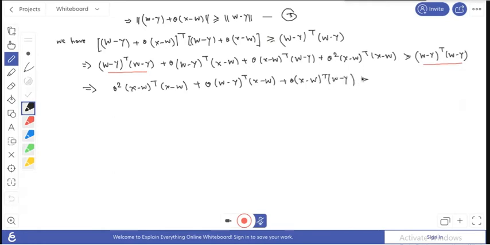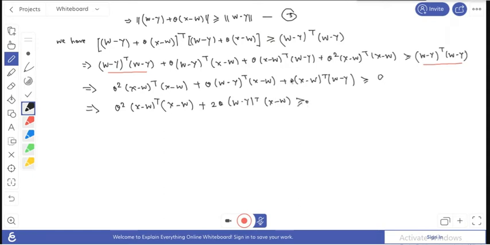This is greater than or equal to 0. So you can rewrite this as theta square times x minus w transpose times x minus w, plus 2 theta times w minus y transpose times x minus w. This is greater than or equal to 0.